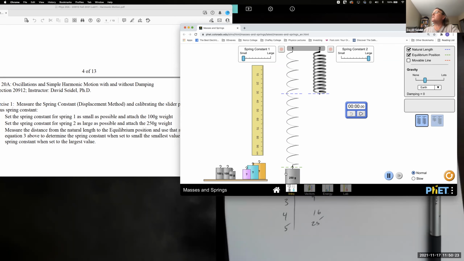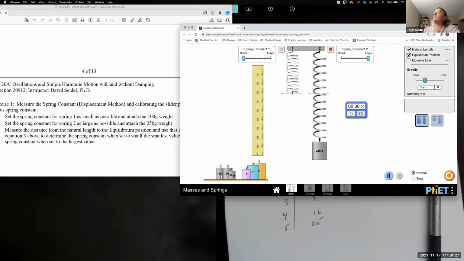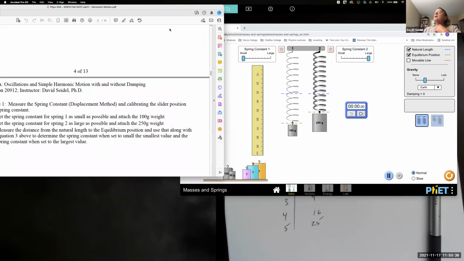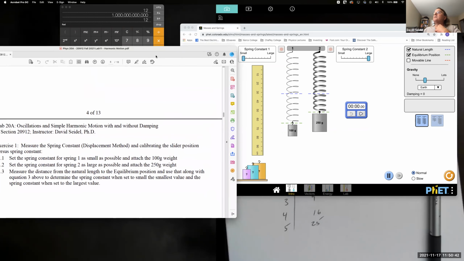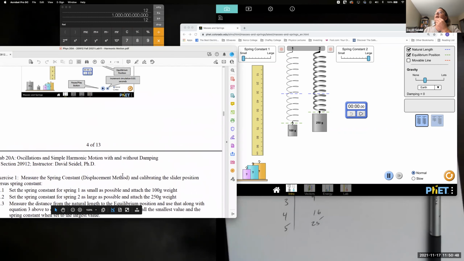We could actually measure this if we wanted to, but we'll stick with the 250 and the 100. And we're going to use equation 3 above to determine the spring constant when set to the smallest value and the largest value.